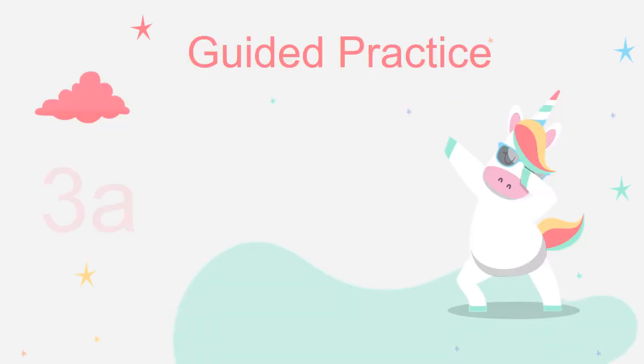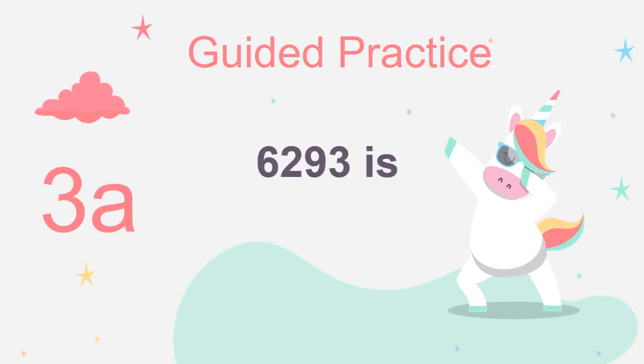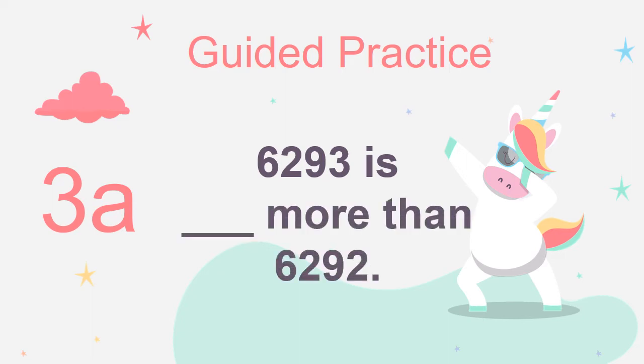Now we go to number 3A. 6,293 is blank more than 6,292. How to do this? Now, this is the question. Okay.